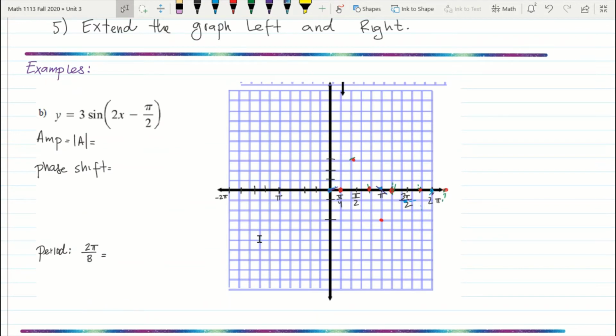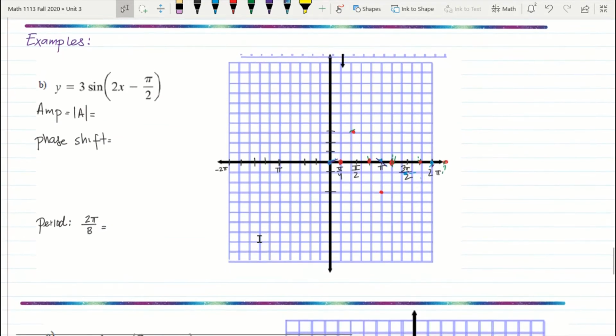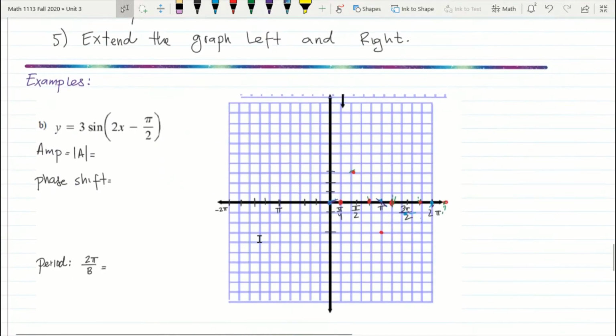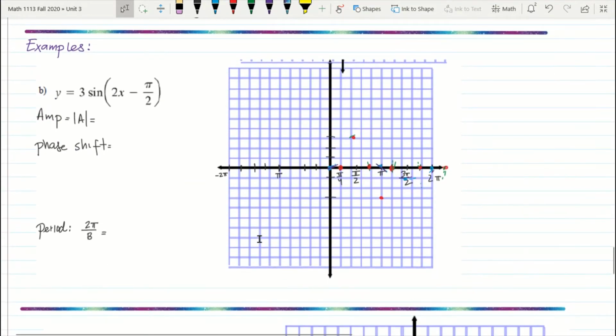Alright, now let's do an example of graphing a sine function. Here we have y equals 3 times sine of 2x minus pi over 2. This one has all the different things that we mentioned in the previous slide.